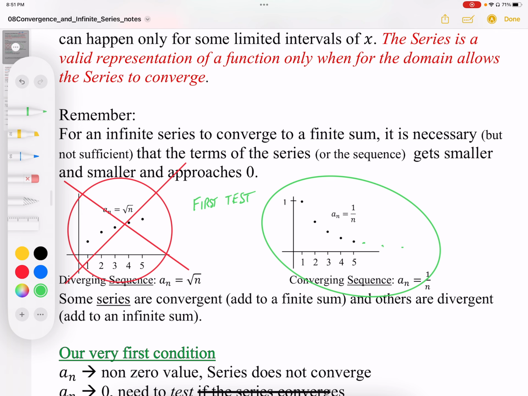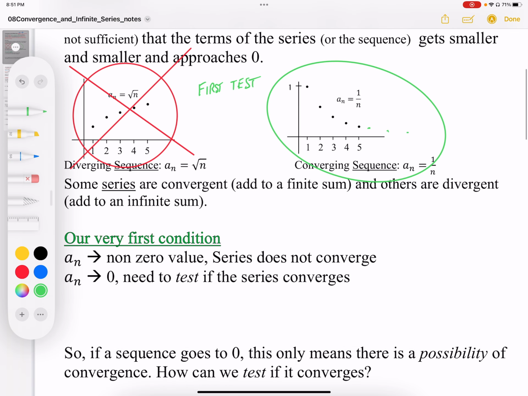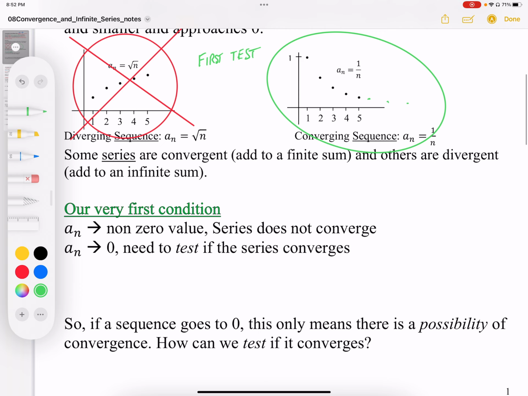So our very first condition: if a_n does not go to zero, we just eliminate it right away. It doesn't converge, we get rid of it, and we don't have to do anything else. If it passes the first test and a_n does go to zero, we have further tests to do. It's only the starting point.